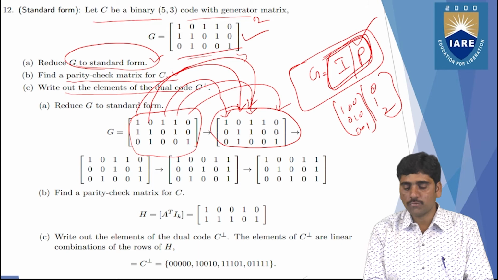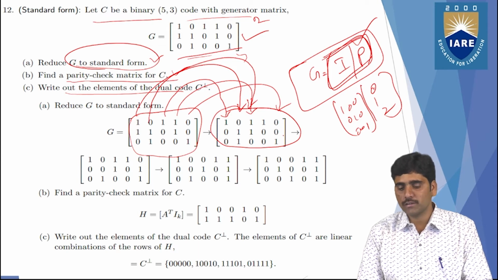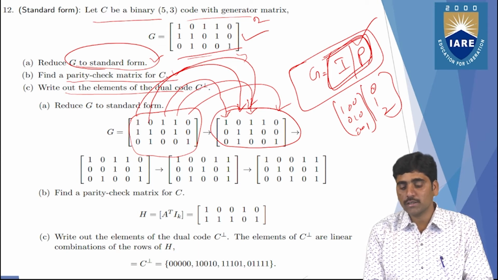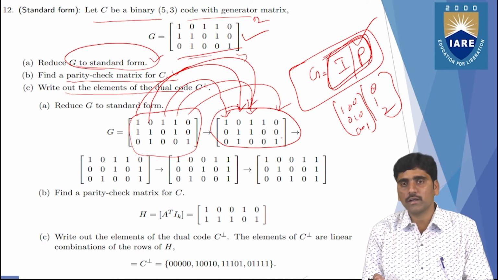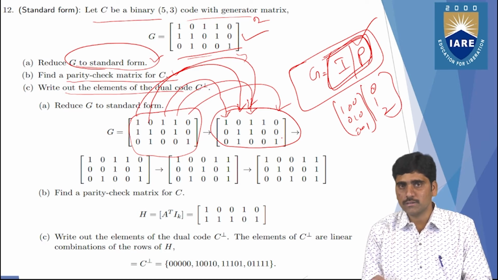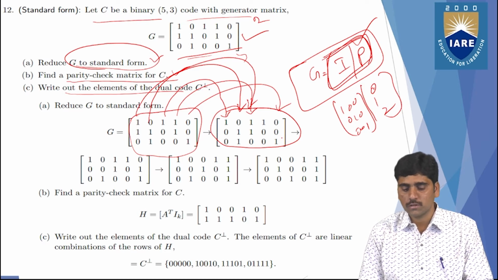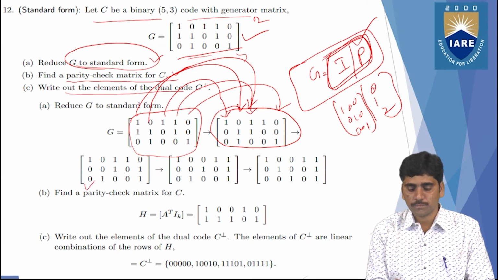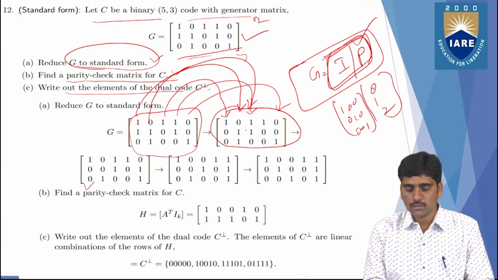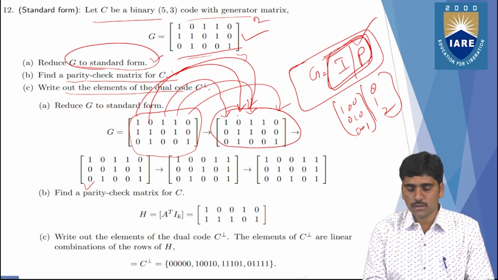Similarly, after getting this form, we need to check whether it is in I | P form or not. Still it is not in the I | P form. So again we need to interchange the rows and columns. From this, see here, the first one is the same, and the second one is going to be replaced in the last position.